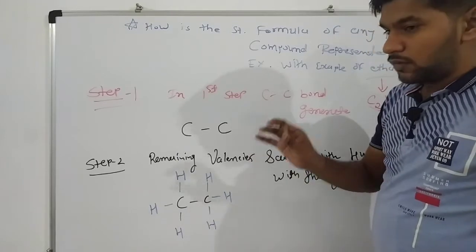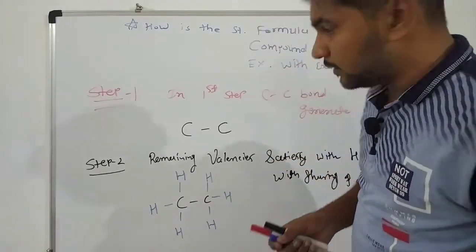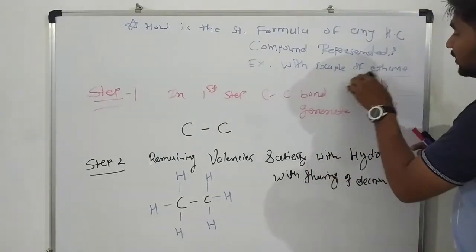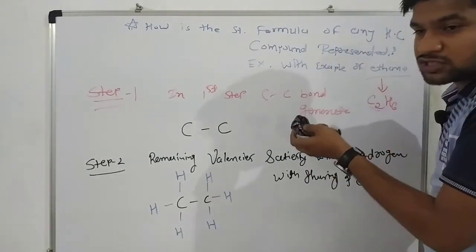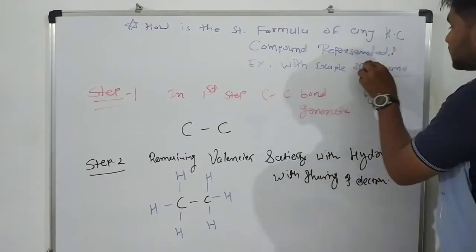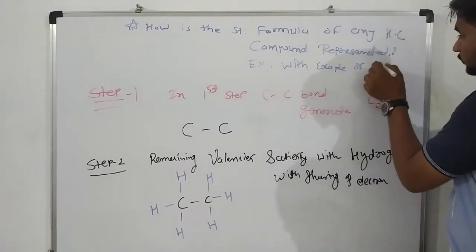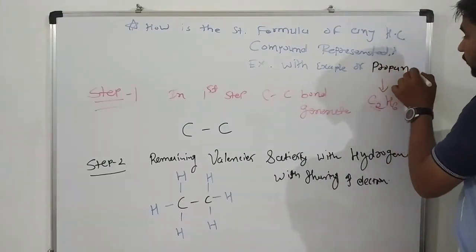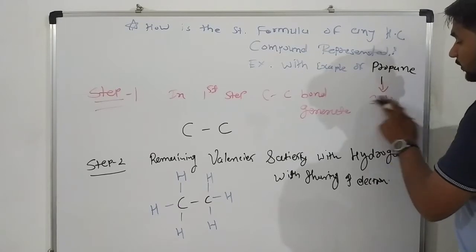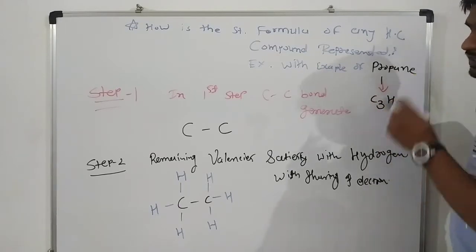Okay, now let's see another example. With the example of propane, if the question gives propane, what happens? It is very easy. Propane means there are three carbons. The formula of propane is C3H8.